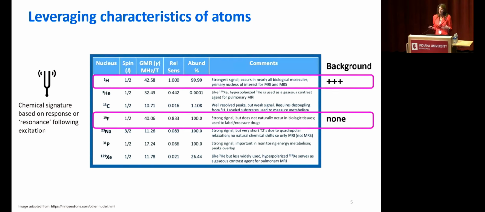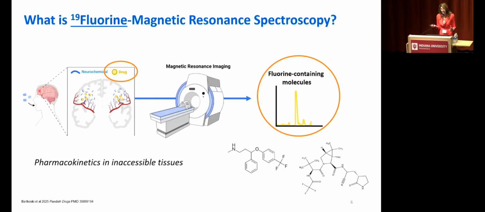Each one of these atoms is essentially excited through the MR process, and then it resonates at a particular frequency that you can tune into and receive and really be able to detect and quantify. So 19F MRS really allows us to detect molecules with fluorine in their molecular structure. And it sets us up to be able to do PK in otherwise inaccessible tissues. Today, we're going to talk about its use primarily in brain.